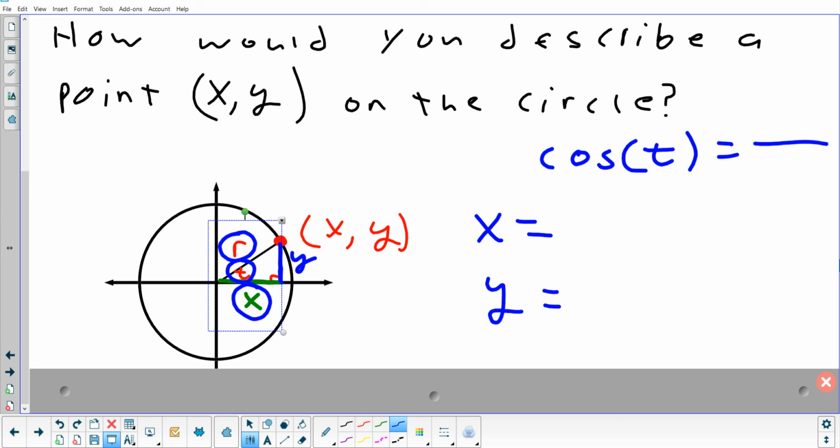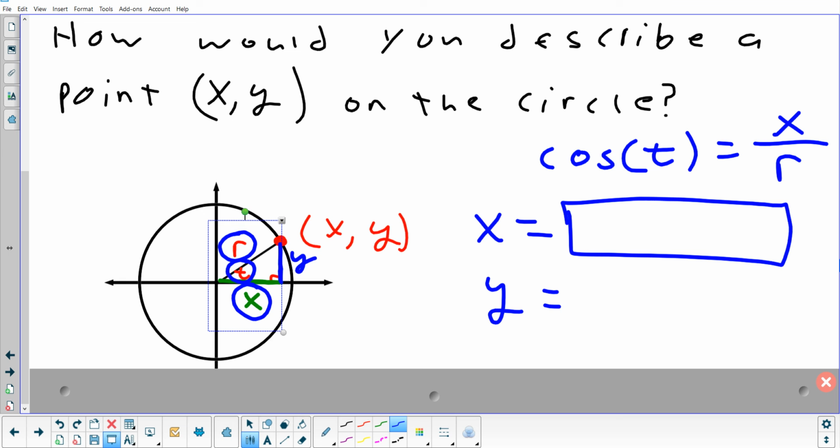What side is adjacent to T? Y? No, y would be opposite. X is adjacent. And what side is the hypotenuse? R. R, perfect. And what I want is x by itself.